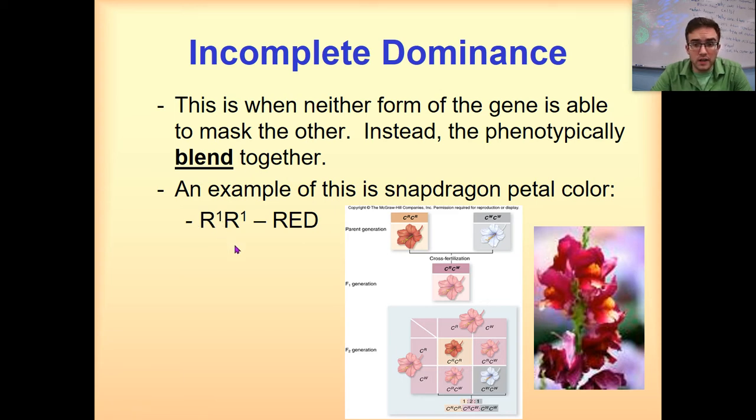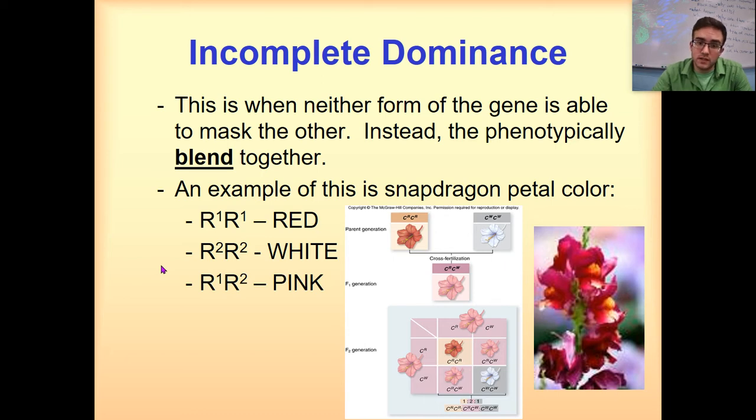So R1 is red. For a trait to be red, it needs R1, R1. For a flower to be white, it needs R2, R2. And then if you have R1, R2, it's pink. So there's your blended trait there.